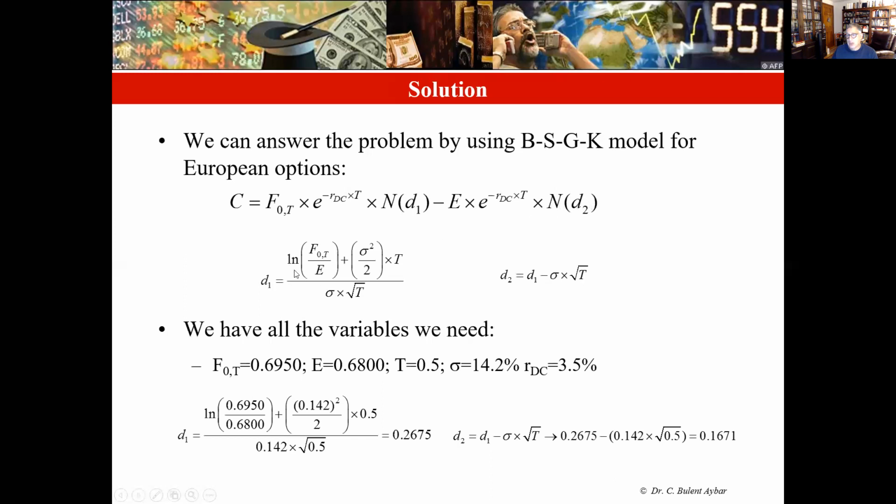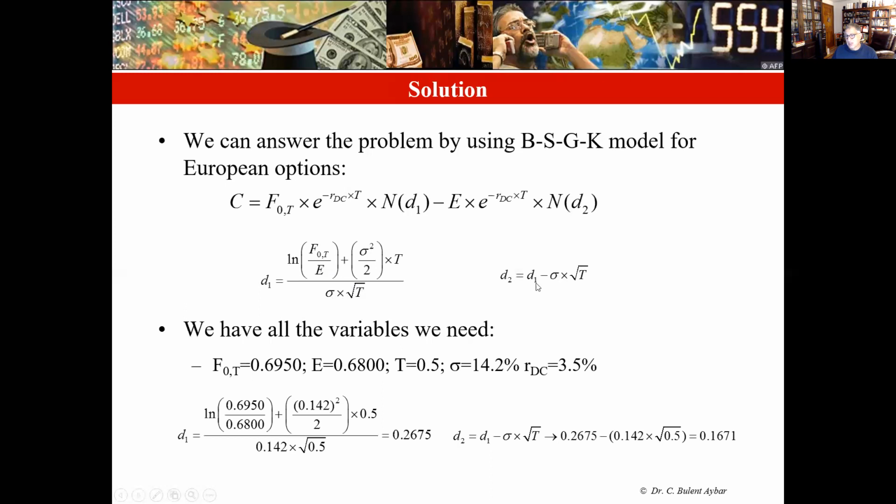D1 is equal to the natural logarithm of the ratio of forward rate to the exercise price, plus 1/2 squared volatility times time to expiration, divided by volatility times square root of time. D2 is D1 minus sigma times square root of time.